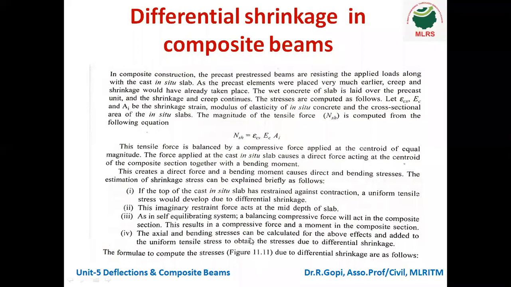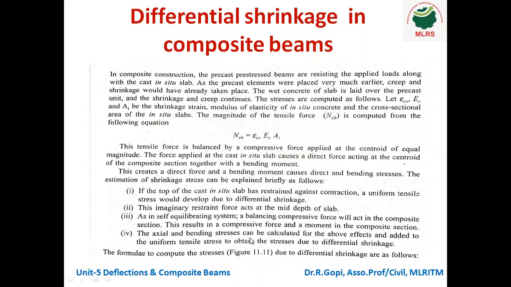We know that the precast pre-stressed beams are cast already and placed, and above that the fresh concrete is placed. So the material properties of the two concretes are different. The pre-stressed member is already cast and cured, but the fresh concrete is cast on the place, above the beam, and then cured.